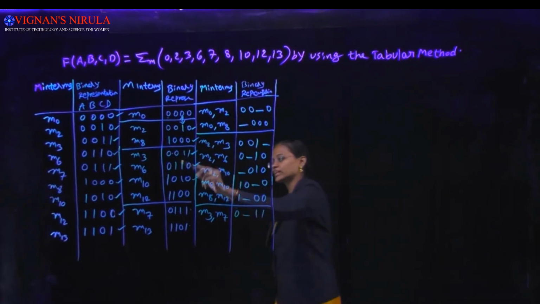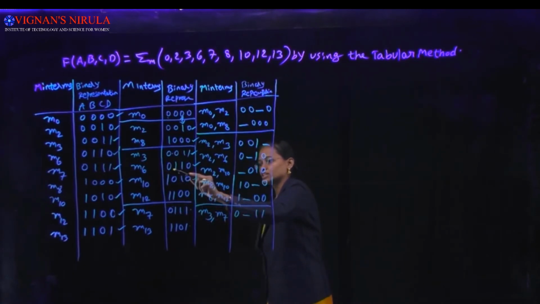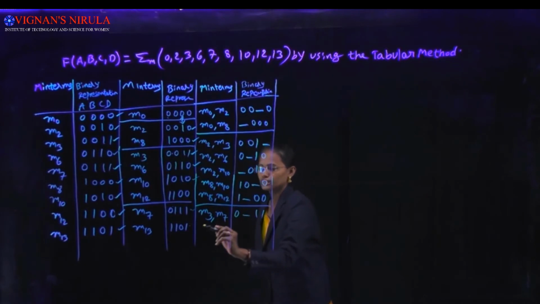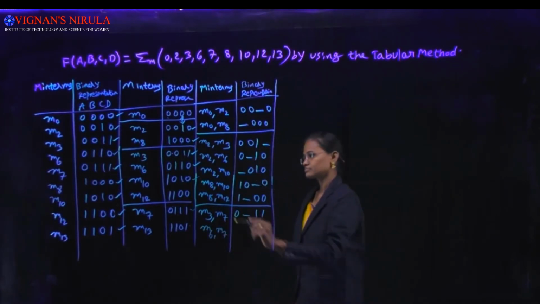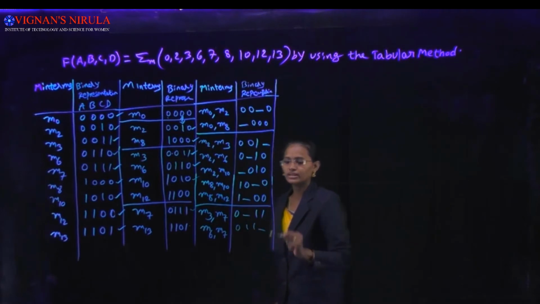And next M3 and M13, 0 1 0 1, two positions are changed. And next M6 and M7, 0 0 1 1 1 1, only one position is changed, that is M6 and M7. In M6 and M7, 0 0 1 1 1 1, the fourth bit is changed, 0 1 1 dash.